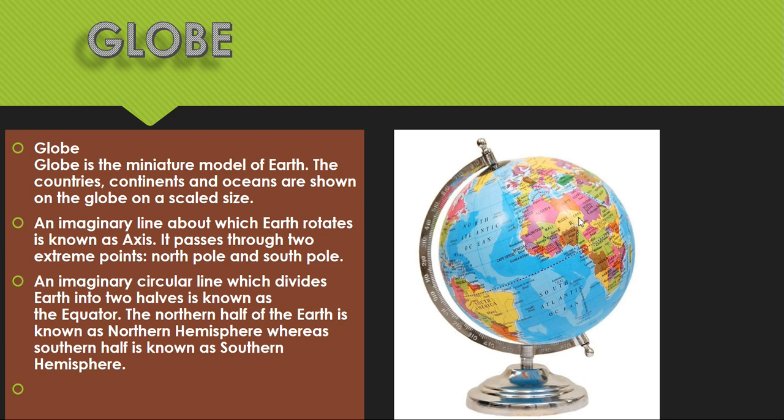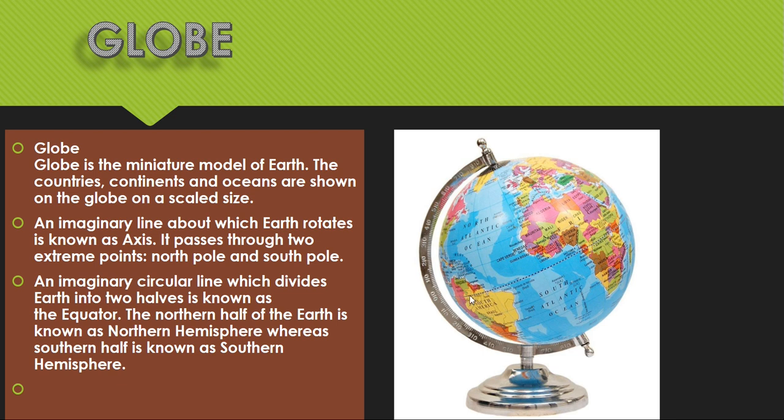Already I have told you before that Earth is slightly flattened at the North and the South poles and bulges in the middle. So it looks like a geoid. Now the axis is from north to south. An imaginary circular line which divides Earth into two halves is known as the equator. Look at this line here.